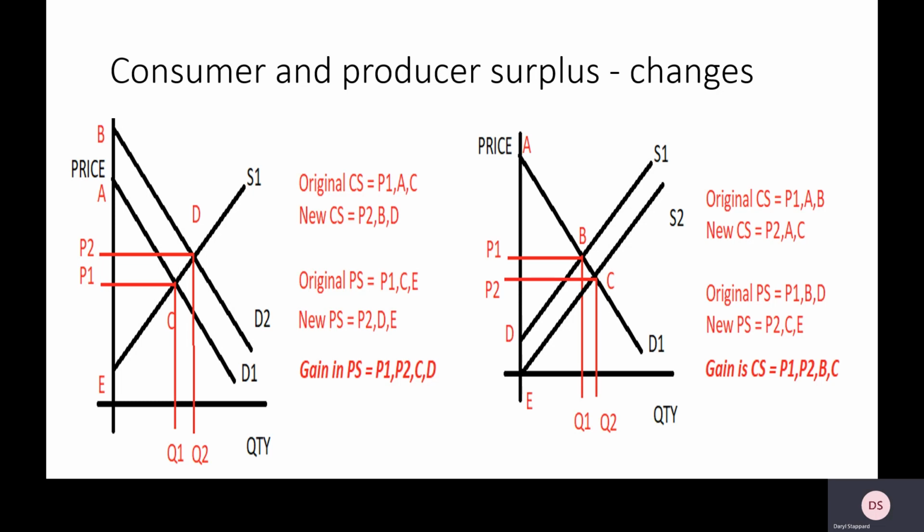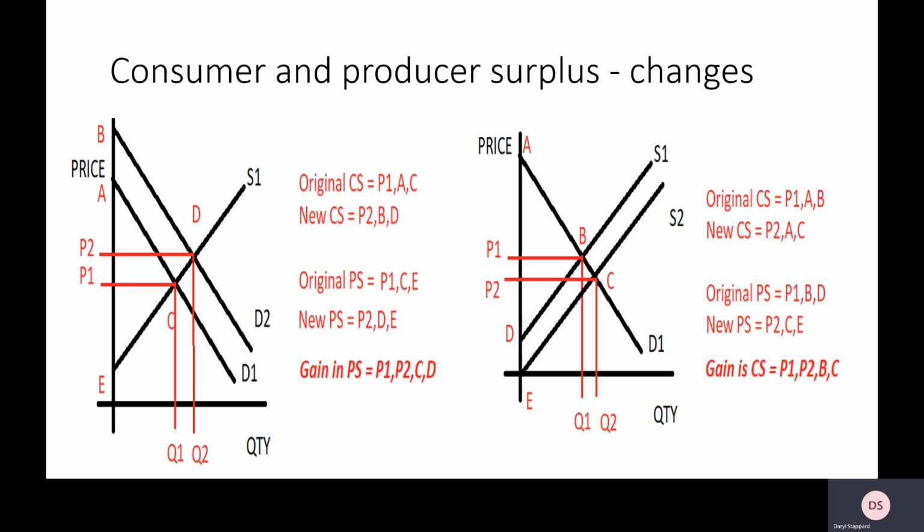So at price P1 and Q1, the original consumer surplus would be from P1 up to A, and then to complete the triangle to C. The original producer surplus would be from P1 across to C, and then down to complete the triangle E.